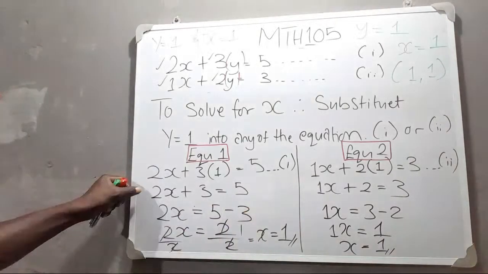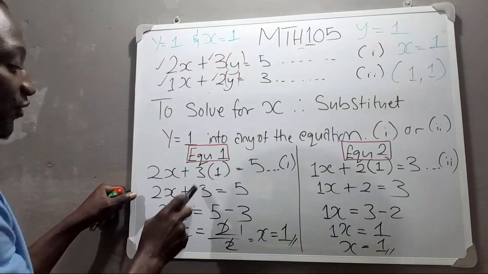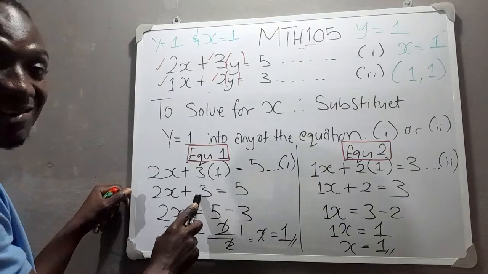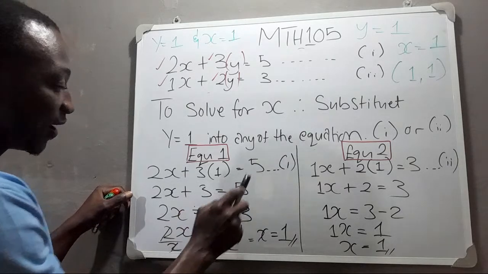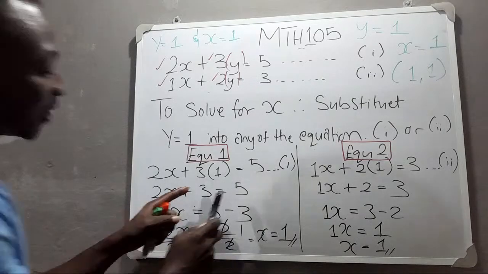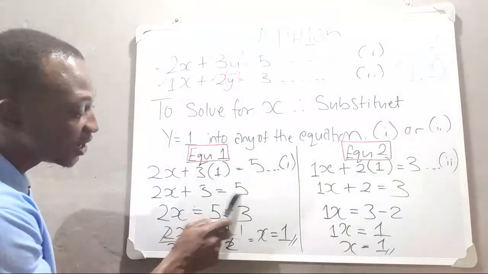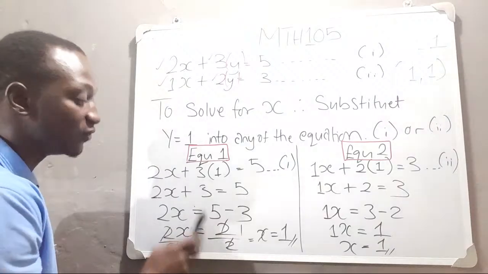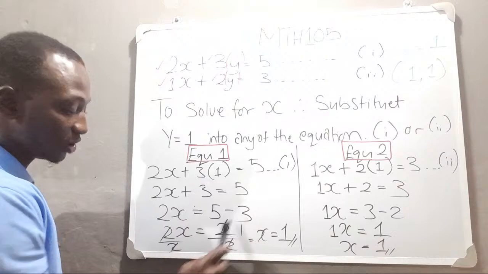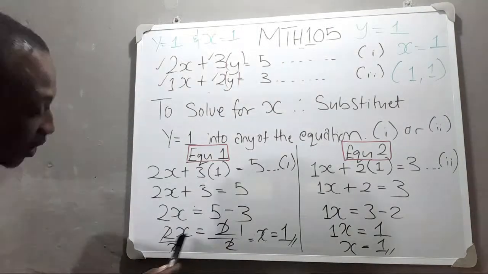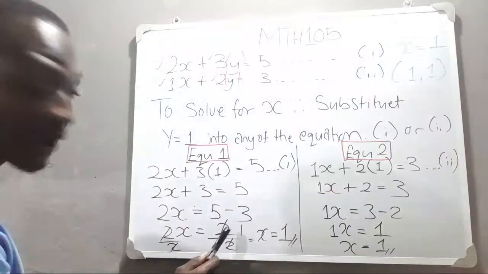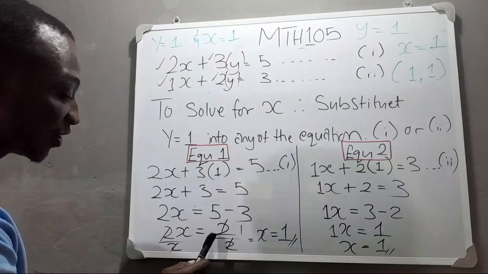So I have 2x plus 3, because 3 times 1 gives us 3, equals 5. Now 2x equals, and we switch sides: 5 remains positive, but taking the 3 back, it turns negative. So we have 5 minus 3, which gives us 2.